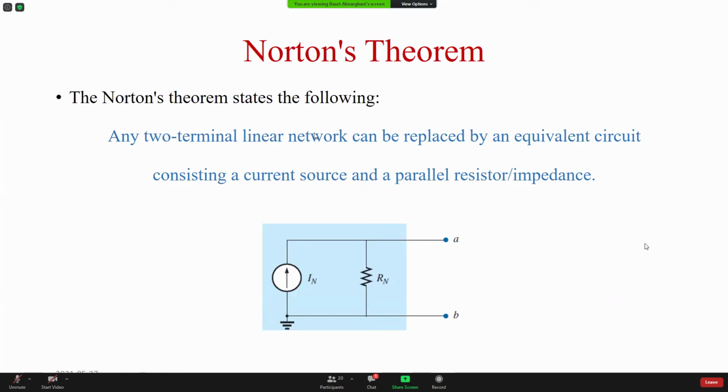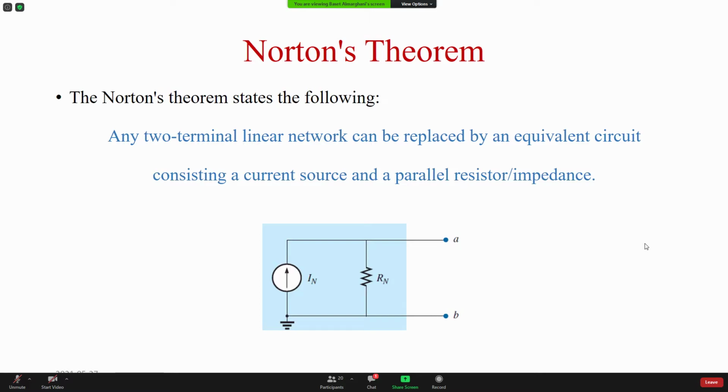Any network is going to be replaced by an equivalent circuit, and this equivalent circuit is a current source in parallel with a resistor. So this is what the theorem says, that any network at the end will have an equivalent circuit that looks like this, which is a current source and a resistance connected in parallel with the current source. The theorem doesn't say a voltage source is connected or anything.